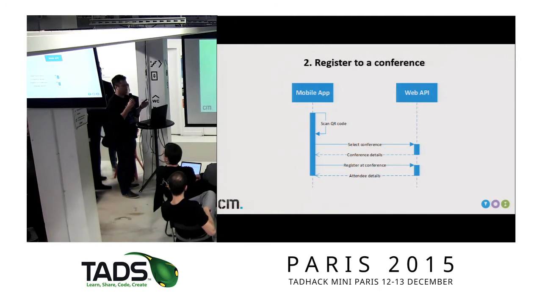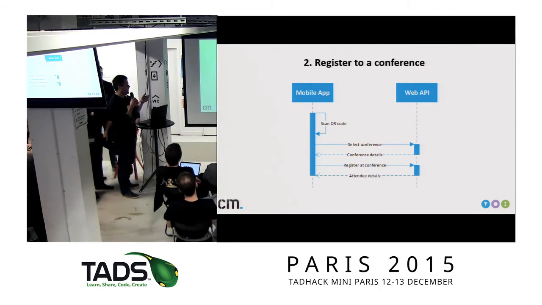One could use a mobile app just scanning the QR code, which basically has the unique tag of the conference. Then he selects the conference he is in by using the GUID we are creating inside the QR code. And then the conference details are in the reply, and so the app knows which conference you're in.